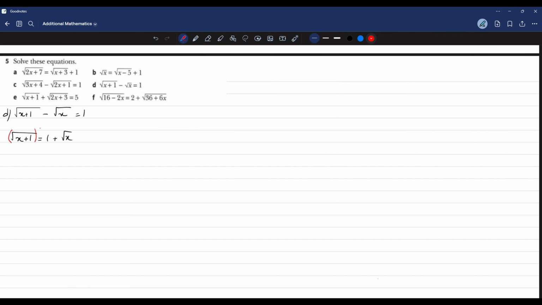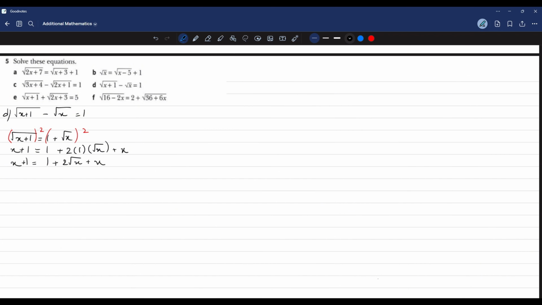So under root x plus 1 whole squared and 1 plus under root x whole squared. We get x plus 1, as this is under root x plus 1 whole squared. For the other side, we have a squared plus 2 multiplied by a multiplied by b plus b squared. Under root of x squared is equal to x. So x plus 1 is equal to 1 plus 2 under root x plus x.